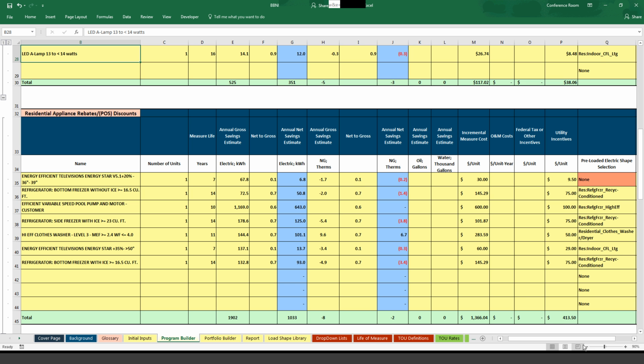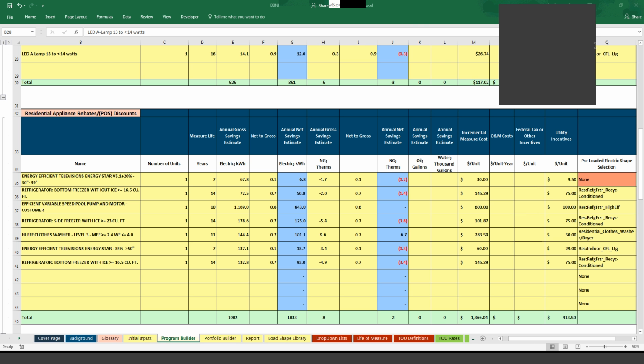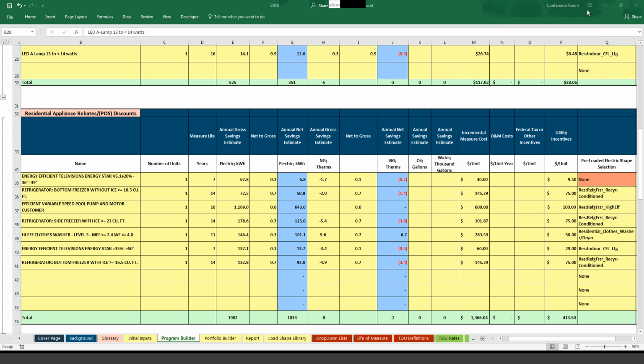Let's see. And Ian, those measures that you've included in those are just for illustration or examples, not that they're stuck with those. They can enter information if they have information on what. Absolutely, that's absolutely true. And the same thing with the load shapes.